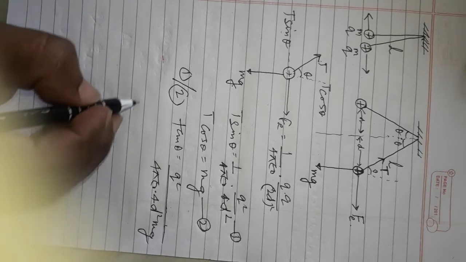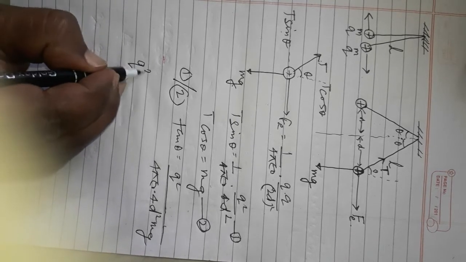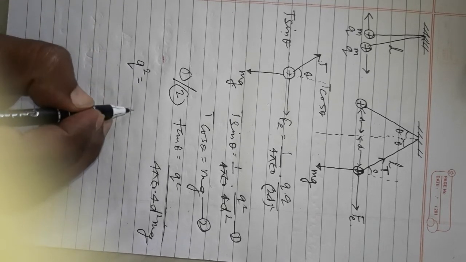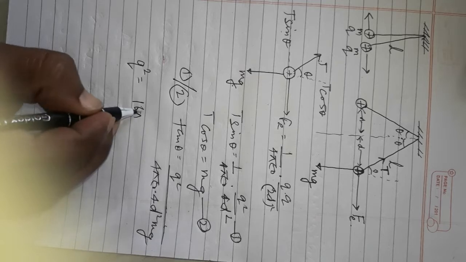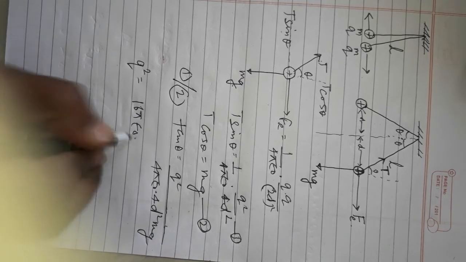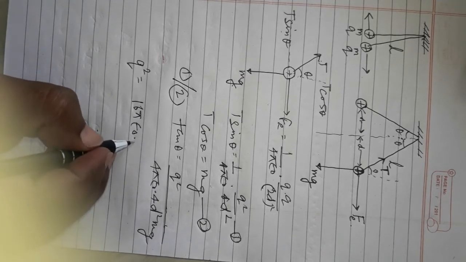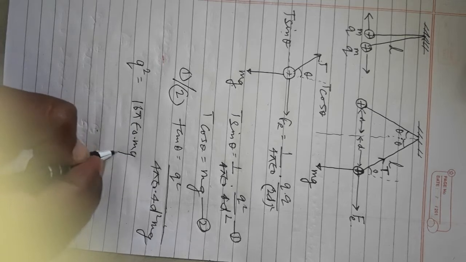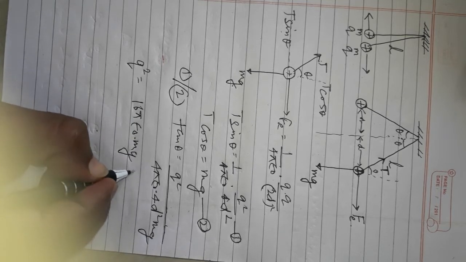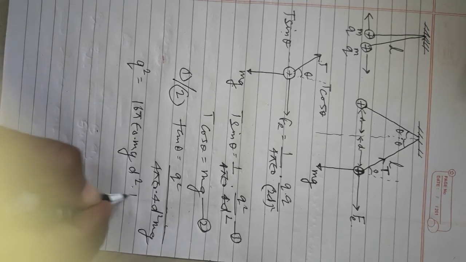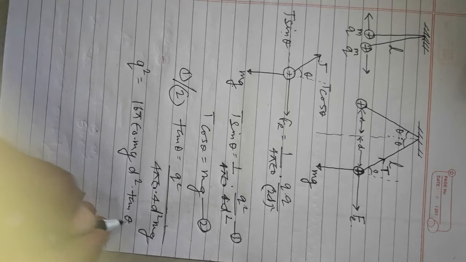So if we put everything here, it will become q square is equal to 16 pi epsilon naught mg d square into tan theta.